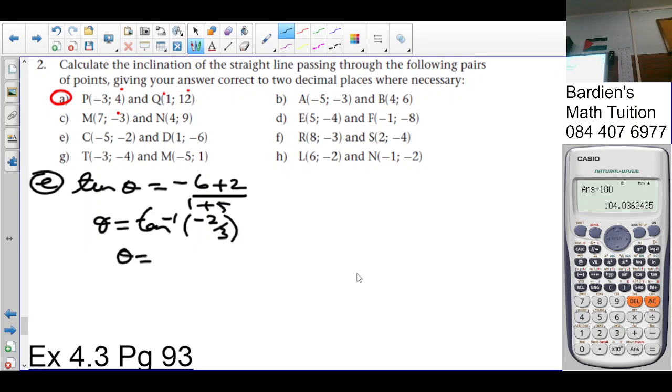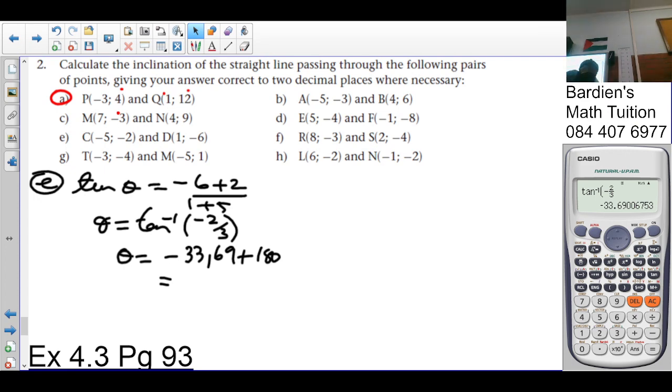So theta is equal to arctan of negative 2 over 3, so negative 33,69. We add 180 to it, and get 146,3 degrees. Is that correct? 146,3.